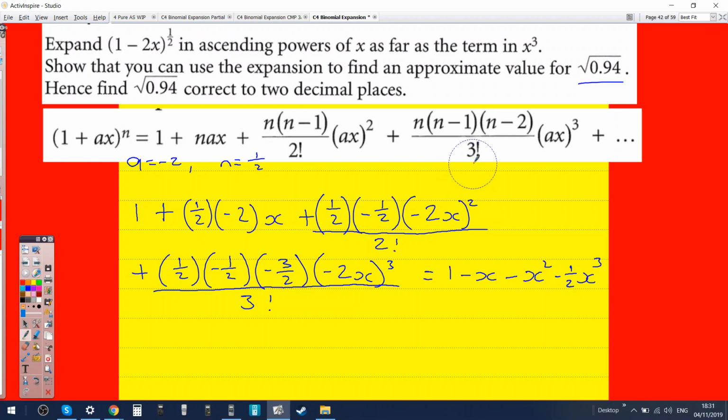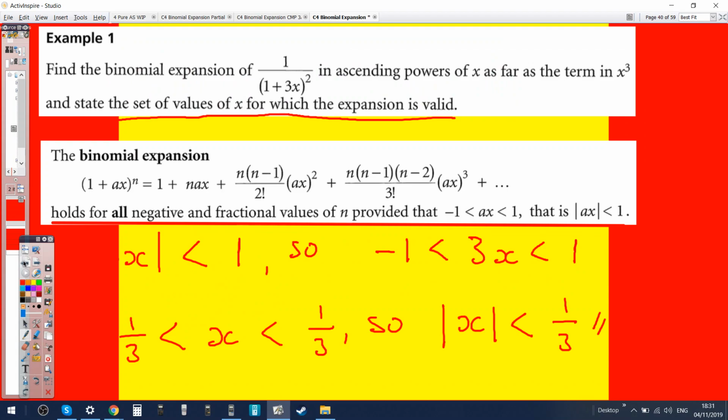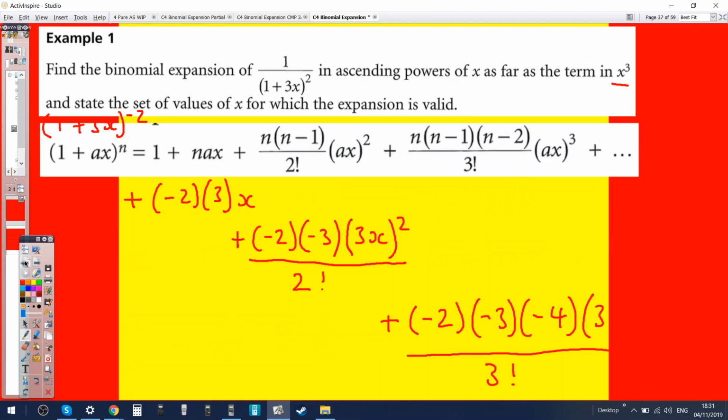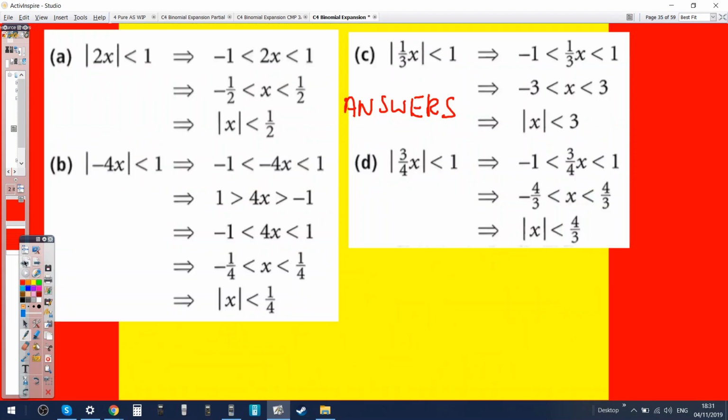For what values of x is this expansion valid? I remember doing this. It would be up until the squares, so x squared, right? No. Then I don't know. For our previous one, it was the magnitude of x is less than a third.